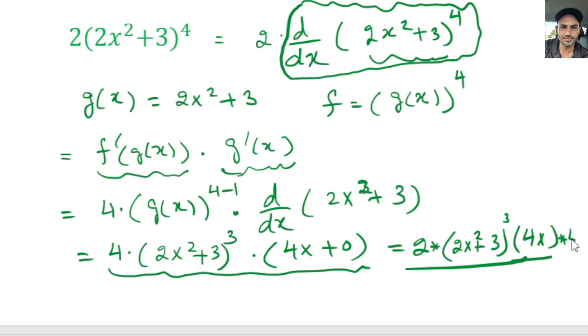So make sure you don't forget anything when you write your final answer. Make sure you write all the terms. So it's going to be 2 times 4 times 2x squared plus 3 cubed times 4x. So this is our final answer. Okay, that would be it.